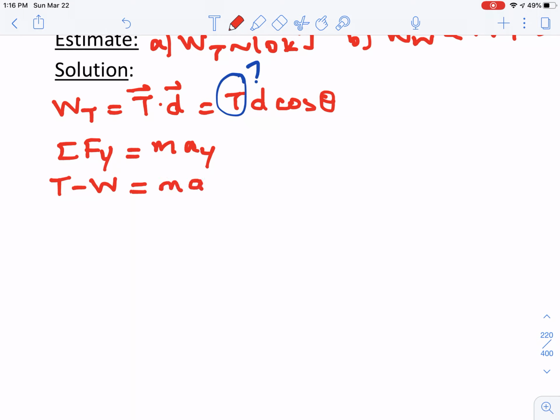There's only one acceleration, so I'm dropping that y to just a, and I will plug the numbers in later. What is T? Putting W on the other side, and it is in the form of mg, it becomes ma plus mg.